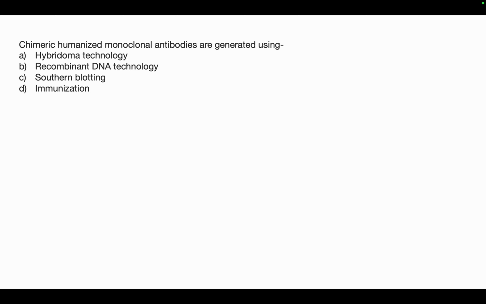Chimeric and humanized monoclonal antibodies are generated using hybridoma technology. Okay, the correct answer is hybridoma technology. rDNA technology is used for DNA fingerprinting, not for antibody generation.